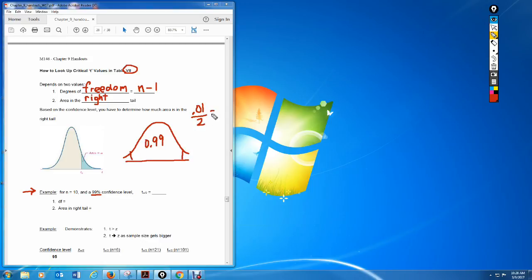So 1%, or 0.01, divided by 2 is 0.005. That is how much area is in each tail.